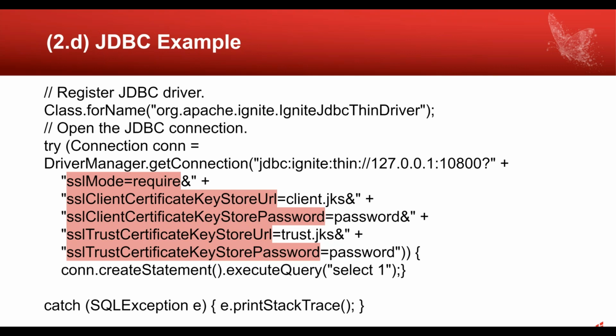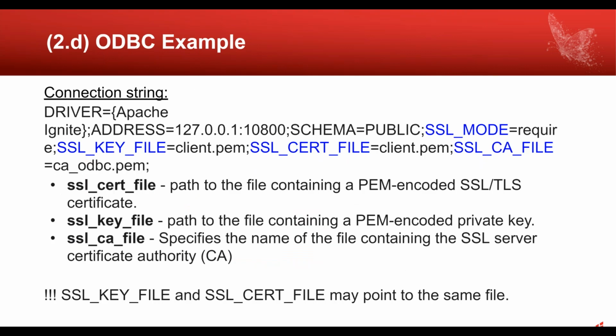Like we did for the server. Okay, for ODBC, you need to create a special connection string that you can also use in your DSN. It also contains the flag that requires SSL. We also provide the port and host, and we need to create special PEM files from, for example, our Java keystores.